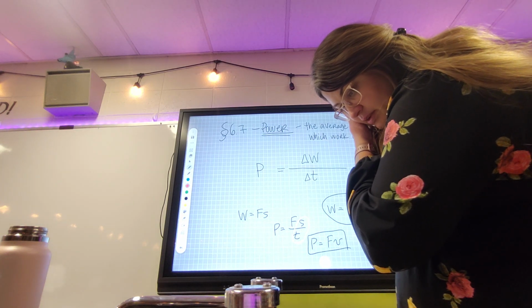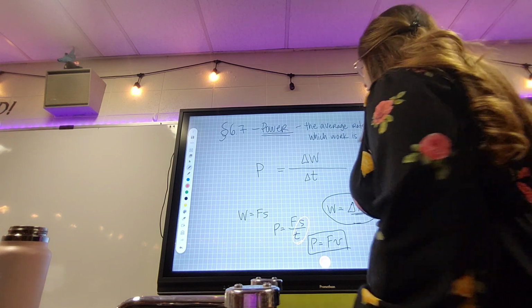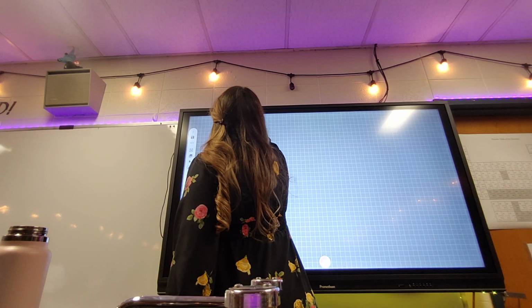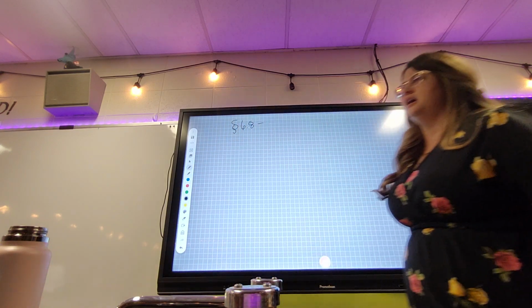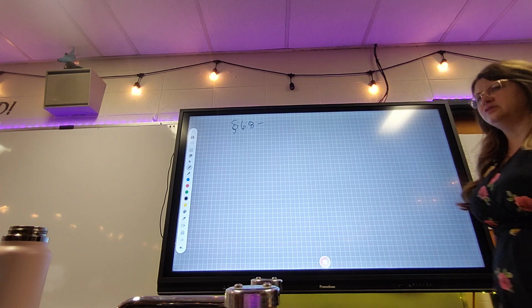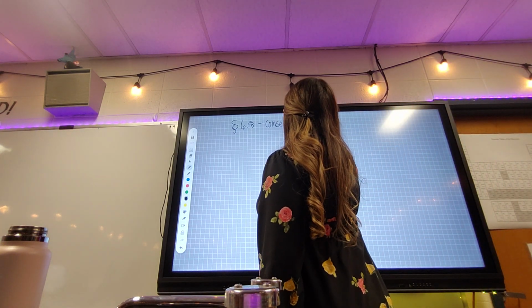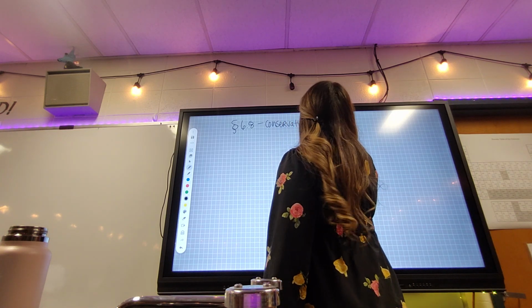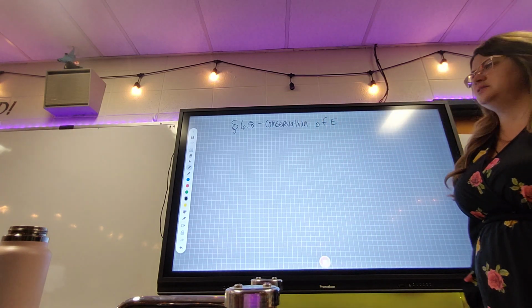What do I want to tell you about work done by a variable force? Okay, this is also pretty simple. Section 6.8 is conservation of energy, and I don't think we really need to talk about this much because we spent a lot of time on it in AP Chem. Energy cannot be created or destroyed. And the reason is because energy is the conserved quantity.